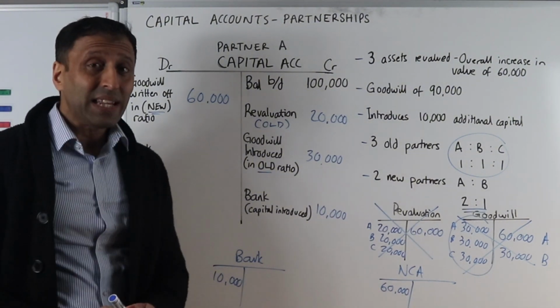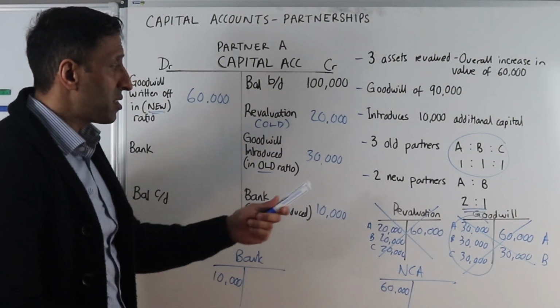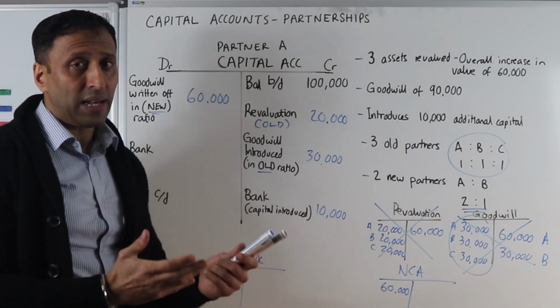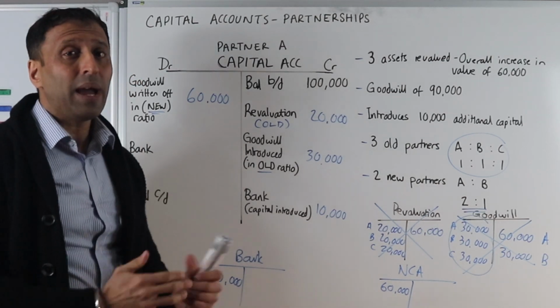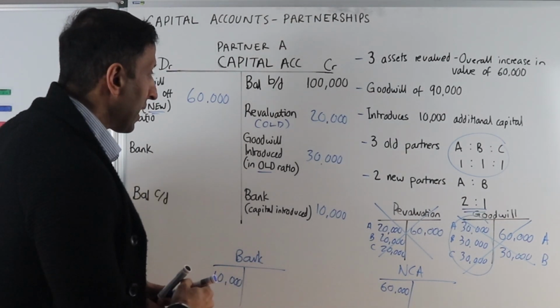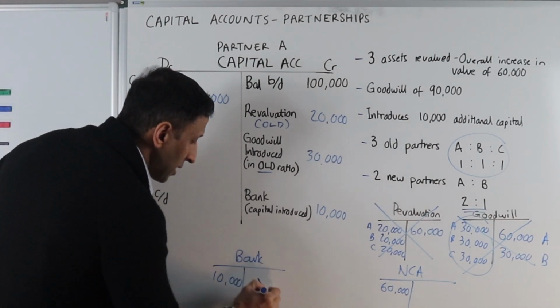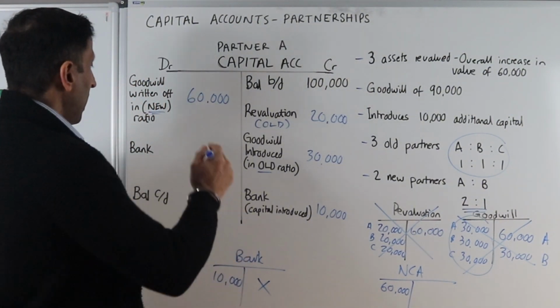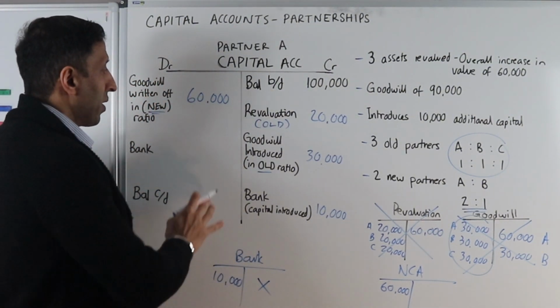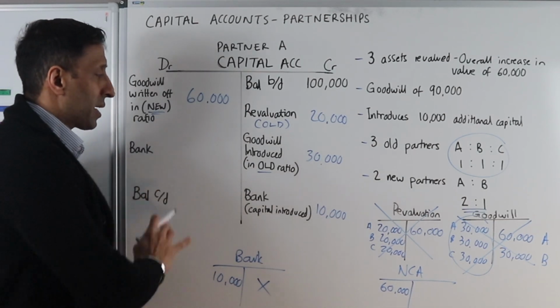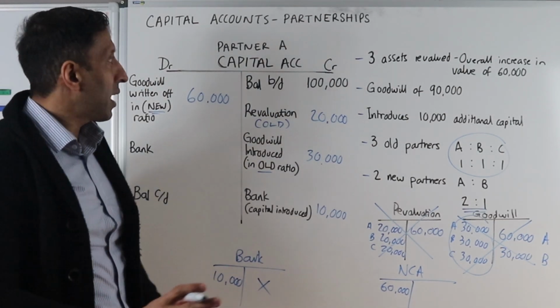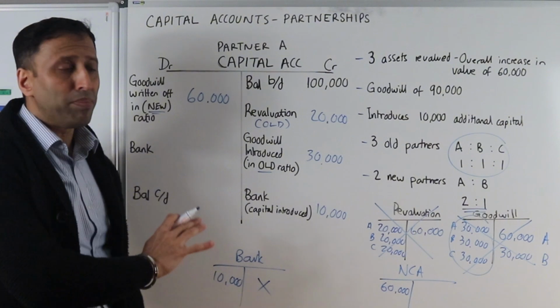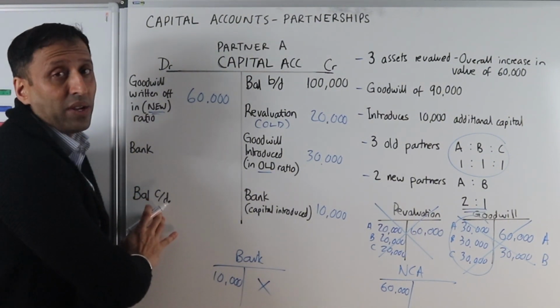But if the partner is leaving, as in the case of partner C, we would need to pay them some money. So we would be crediting the bank with whatever cash we owe to partner C and debiting their capital account, writing bank next to that, so that their capital account does not have a balance remaining to carry down.